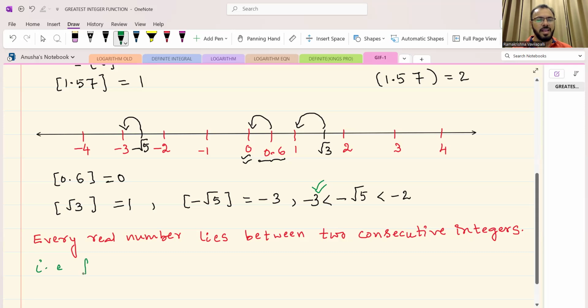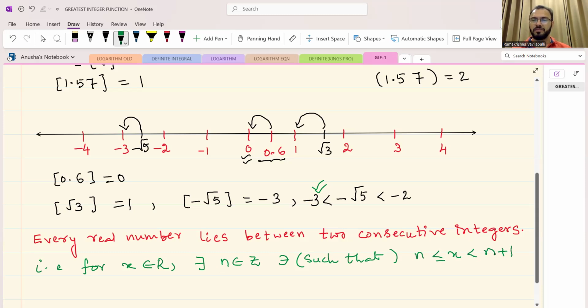That is, for x belongs to R, there exists n belongs to Z such that n is less than or equal to x, which is less than n plus 1. Any real number you give, we can put between two consecutive integers.